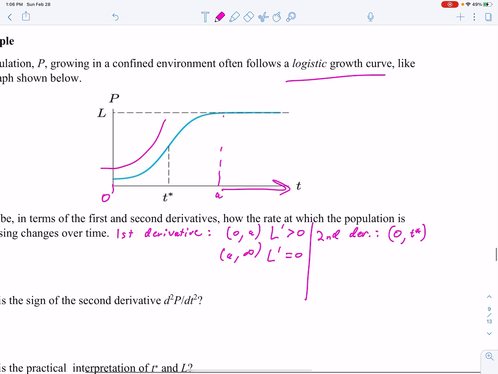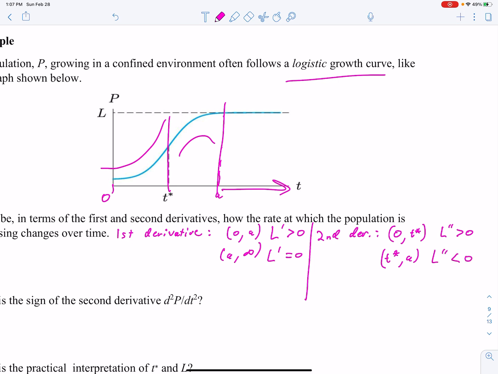The curvature is up. So L double prime, the second derivative, is positive. But then from T star to A, we have a downward curvature. So from T star to A, the second derivative is negative, right? Concave down.